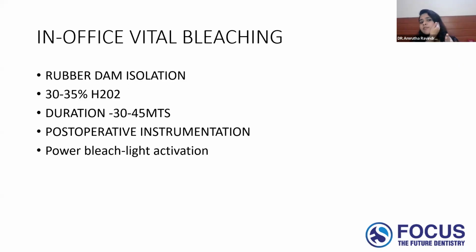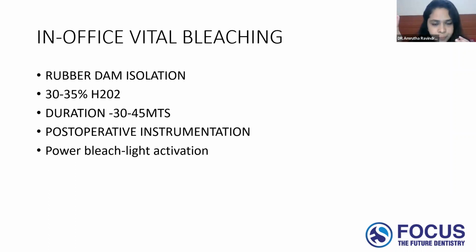So in-office vital bleaching, how is it done? Every procedure has to be done under rubber dam isolation, because bleach is very corrosive. If it comes in contact with soft tissues, it will lead to burns. So rubber dam isolation is a must. Then you apply 30 to 35% hydrogen peroxide. Different manufacturers provide it in different forms.